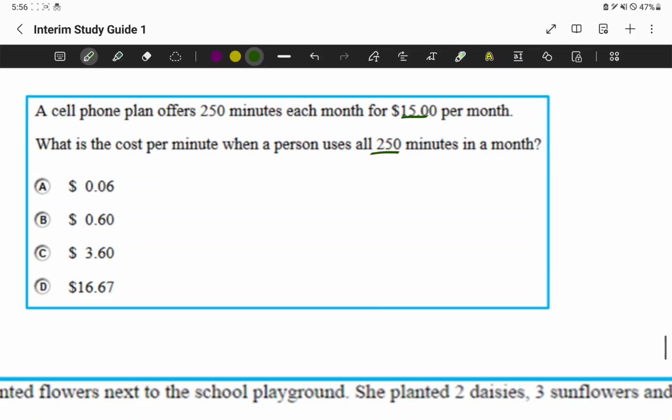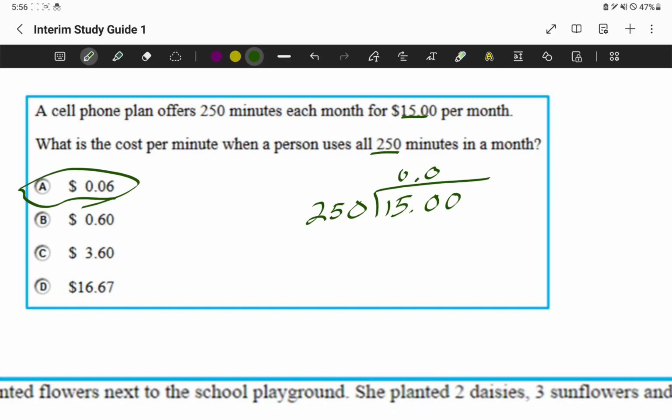Me personally, because I'm a math person, I am all about doing the long division. 250 is too big to go into that. Only one of these choices says 0.0, and so it clearly has to be A. And so 6 times 0 is 0, 6 times 5 is 30, 6 times 2 is 12, plus 3, and there you go.